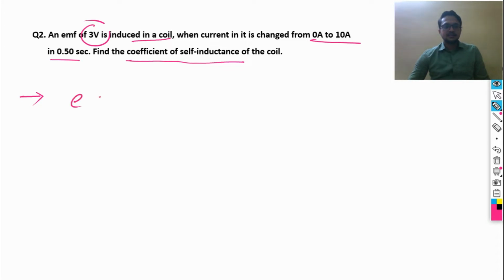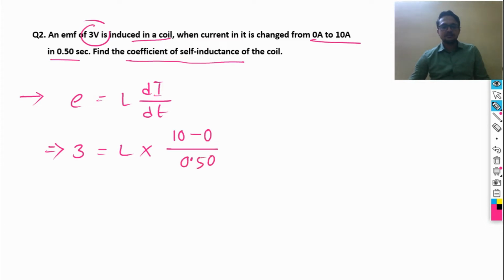The formula is the same, E equal to L di/dt. Here E is given, 3 volt. We have to find L. di, the change in current, is 0 to 10, so 10 minus 0, we take only the magnitude, divided by 0.50.